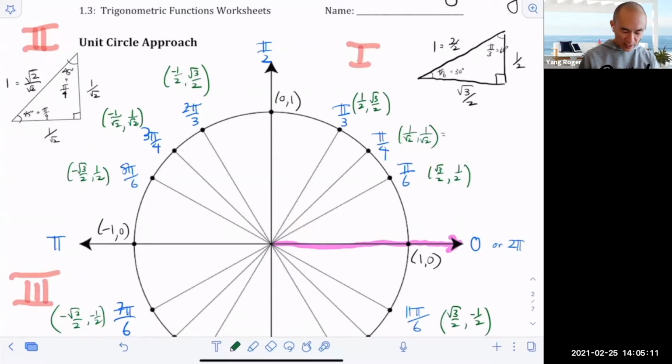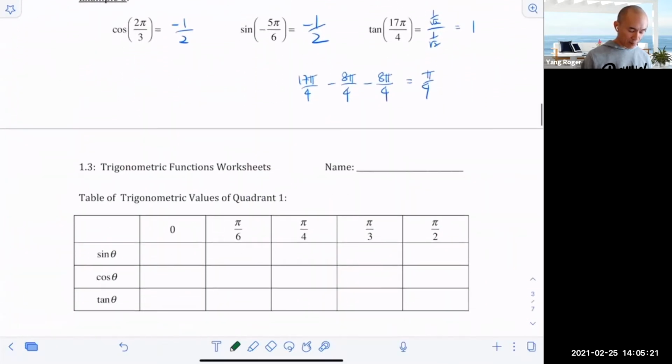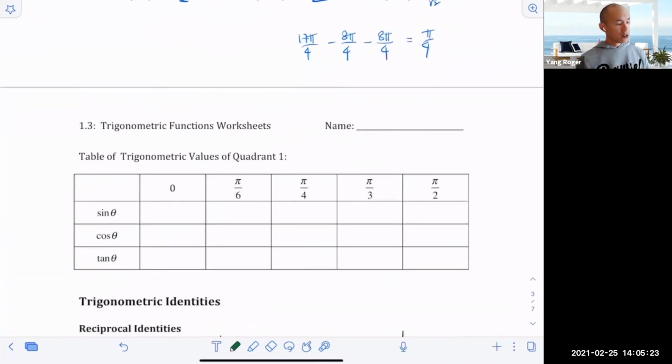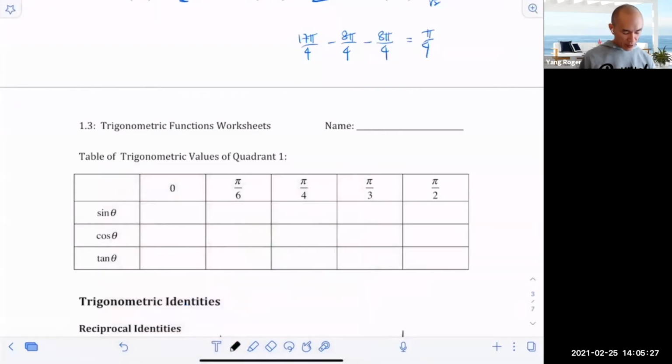So earlier I discussed how we could rewrite this as rad 2 over 2 and rad 2 over 2 like this. And for the purposes of filling out this chart, that's going to be useful for us. Okay. So watch what I do here. What I'm going to do is I'm going to put a denominator of 2 all the way across.